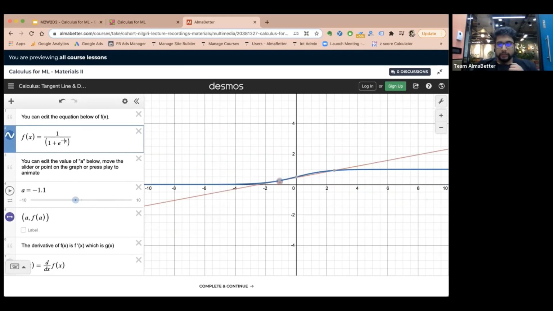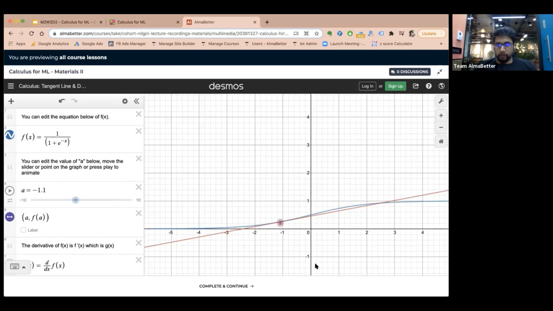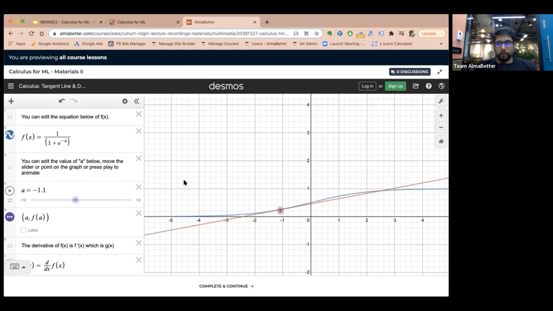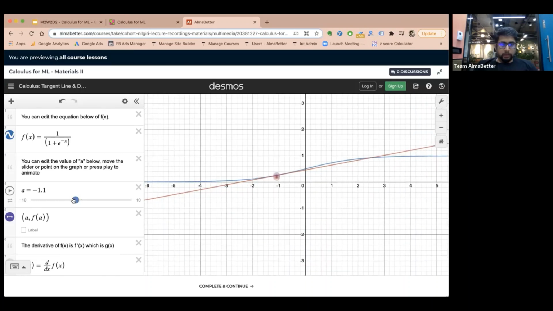Okay, so let's say this is your function. Okay, this is the sigmoid function, right? You will encounter this in deep learning very often. So let's see what happens to the slope for this function.